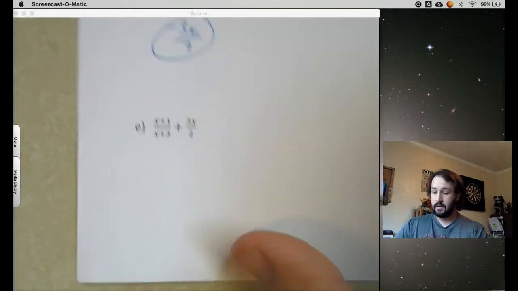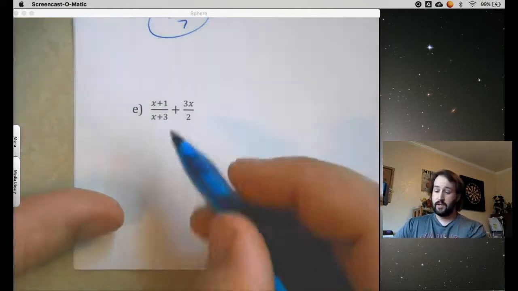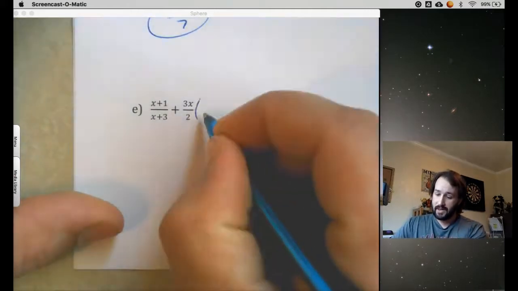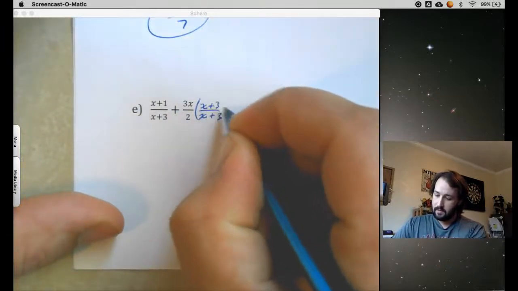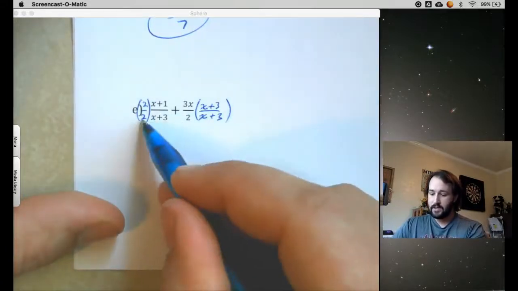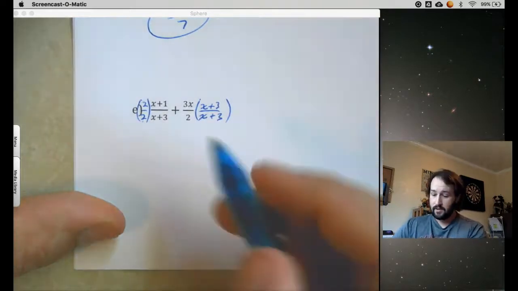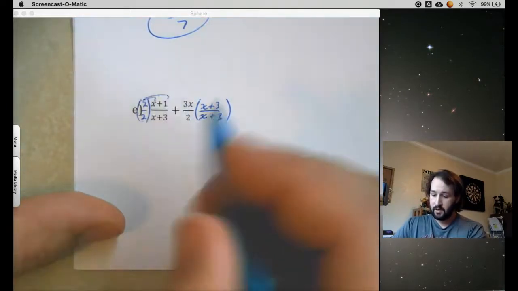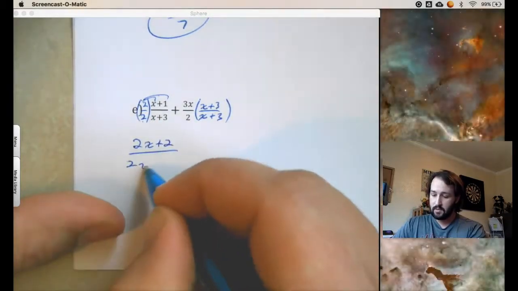Sweet. All right, now, we don't have a common denominator, but what I can do is I can kind of multiply them by each other. All right, so now it's 2 times x plus 3 and 2 times x plus 3, so they'll have the same denominator. So I'll need to distribute in the numerator up here, so I have 2x plus 2 over that 2 times x plus 3.